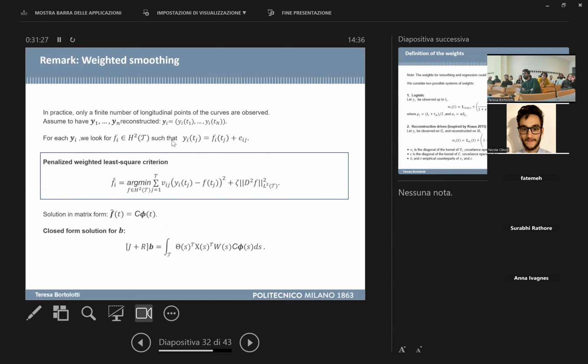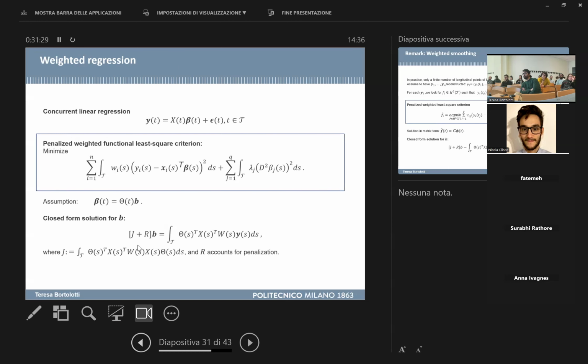Okay, so this is again the concurrent linear regression that I just showed you. The only thing that changes with respect to the previous case is that now we add here in the least square part, the weight. Again, in order to fit this model, we make the assumption that the coefficients live in a finite dimensional space so that they can be uniquely identified by vector b.